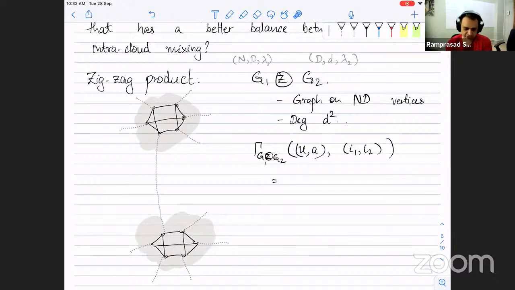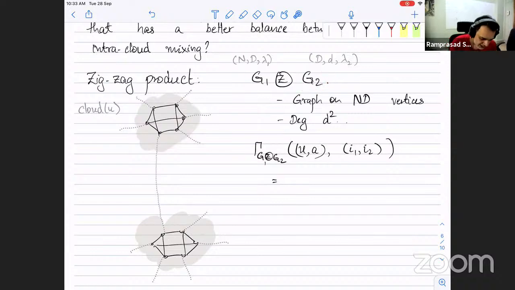Okay, so I'm going to tell you, if I start off with a vertex that is (u, a), and I ask you to go to the (i1, i2)th neighbor, how are you supposed to figure out which vertex it is? I'll just tell you pictorially what it is, and then we'll slowly sit and analyze this. So what does (u, a) even mean? I'm going to call this the cloud of u, because every vertex u in G now corresponds to a cloud which is like a copy of H or a copy of G2.